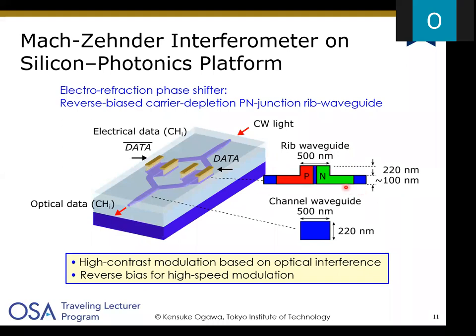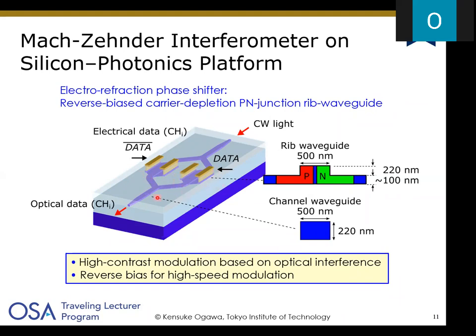These slab parts on both wings are utilized as electrodes to apply the high-speed electrical signals to the phase shifters. In a silicon photonics platform, the PN junction is formed to generate the carriers, electrons and holes, in a waveguide and to modulate the density of the electrons and holes to generate refractive index modulation for optical modulation in these phase shifter arms.